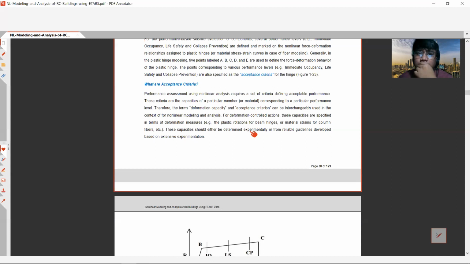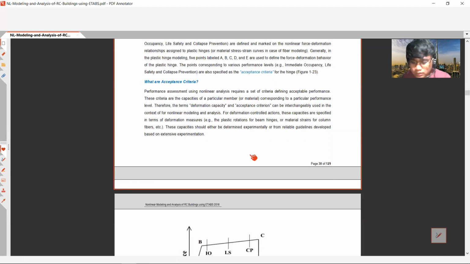So it looks something like this. When the force is pushed, let's say this one is the first plastic hinge. That is plotted on the capacity spectrum, this one.